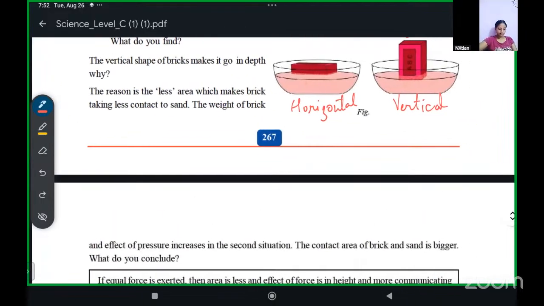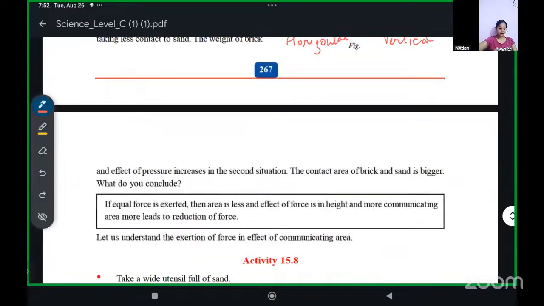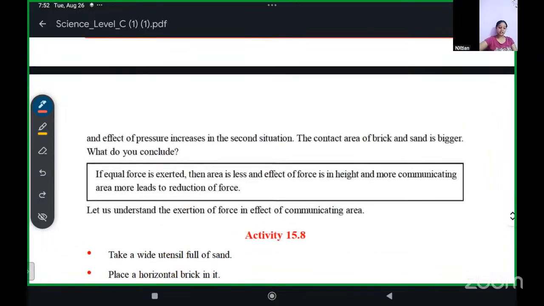Now, the reason is the smaller area makes the brick take less contact with the sand. The weight of the brick is the same, but the effect of pressure increases in this situation. In the other, the contact area of the brick and sand is bigger.